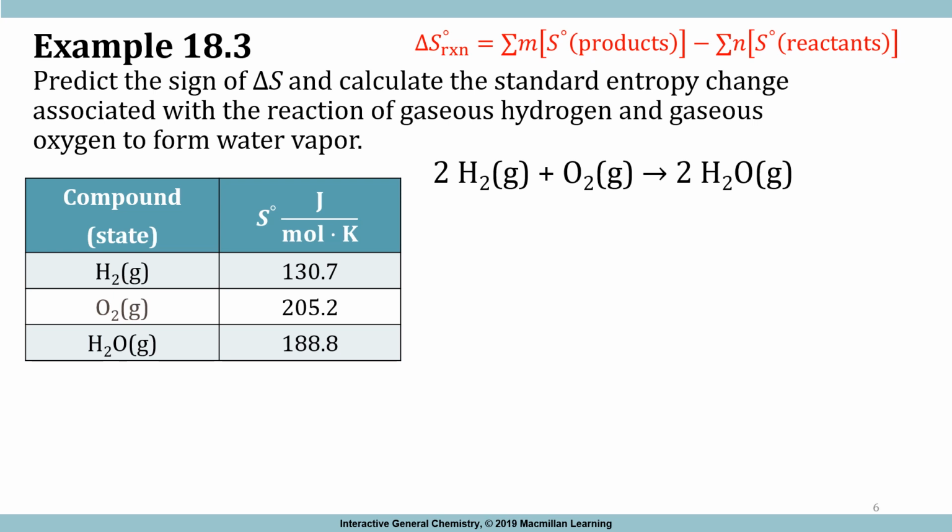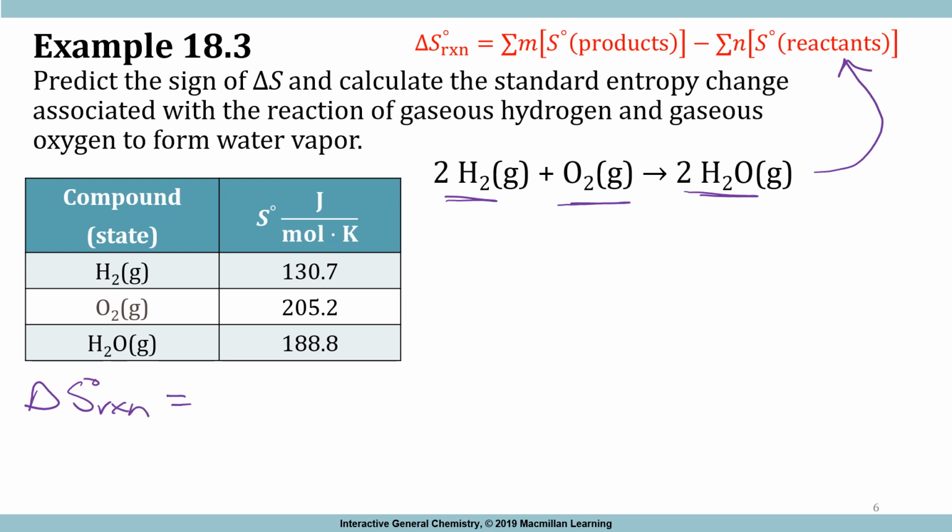I shifted everything around so I can make more room. Our product is going to be water, and our reactants are going to be H2 and O2 gas. Now I'm going to plug in the values for this equation. My delta S naught of the reaction is going to be the sum of the products.